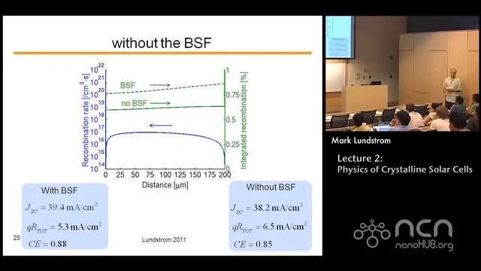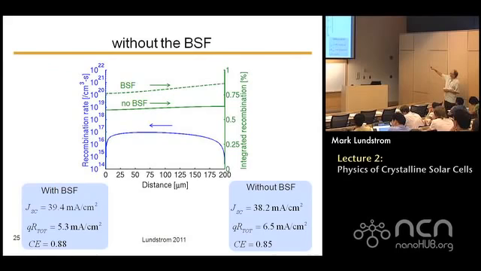If you remove that heavily doped region, then I get the solid green line. And you can see now, first of all, if you look at the number, that the total recombination corresponds to 6.5 milliamps per centimeter squared. I have more recombination, so it means more electrons are getting to the back. And you can see that in that solid green line.